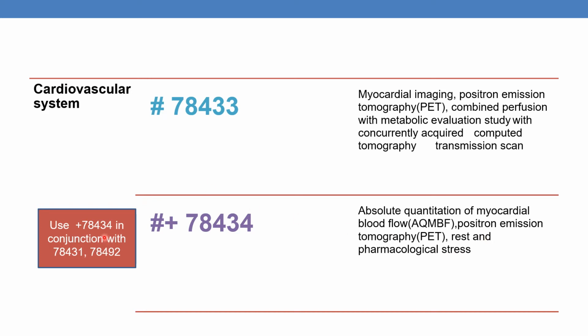The code 78434 should be used in conjunction with 78431 and 78492. There will be a bit of confusion regarding the codes with only PET and CT combined codes. For that purpose, let us discuss a flow chart.